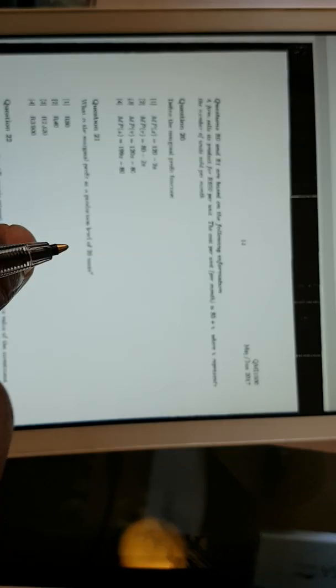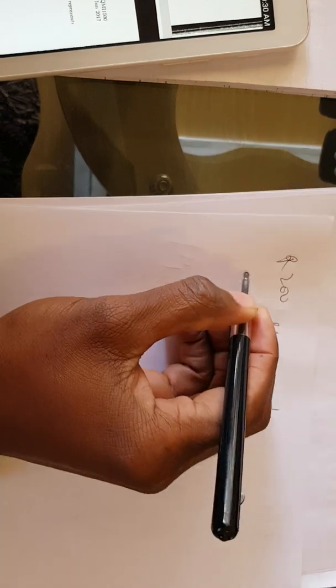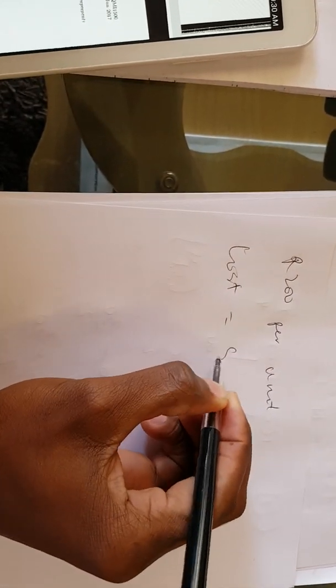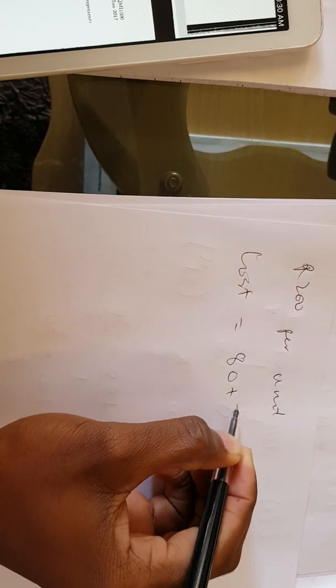Okay, and it says the cost per unit is 80 plus X. So cost equals 80 plus X.